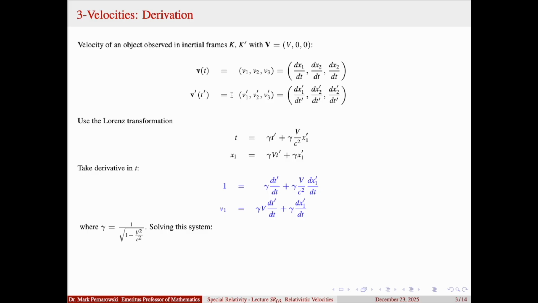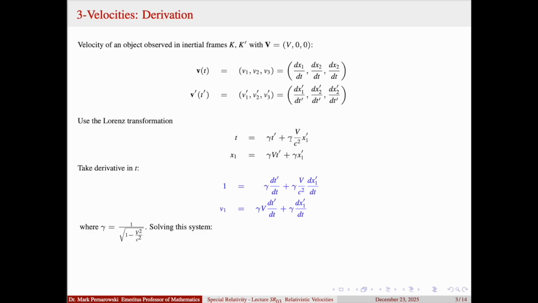Well, an observer watching the very same thing in a different frame K prime has their own time t prime, which is related to the t in K. And so as a result, in general you will see the velocity as being something different than the observer in K. So we'd like to get formulas to change from velocities observed in K to the same velocities observed in K prime.